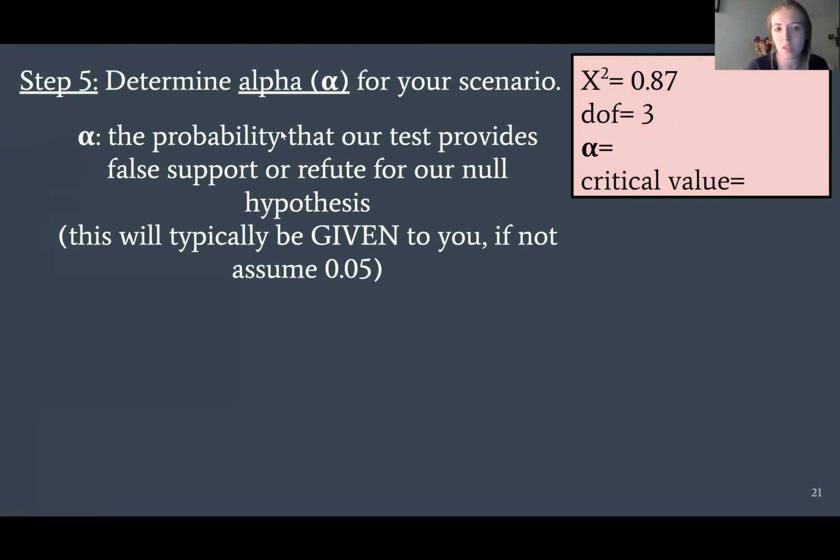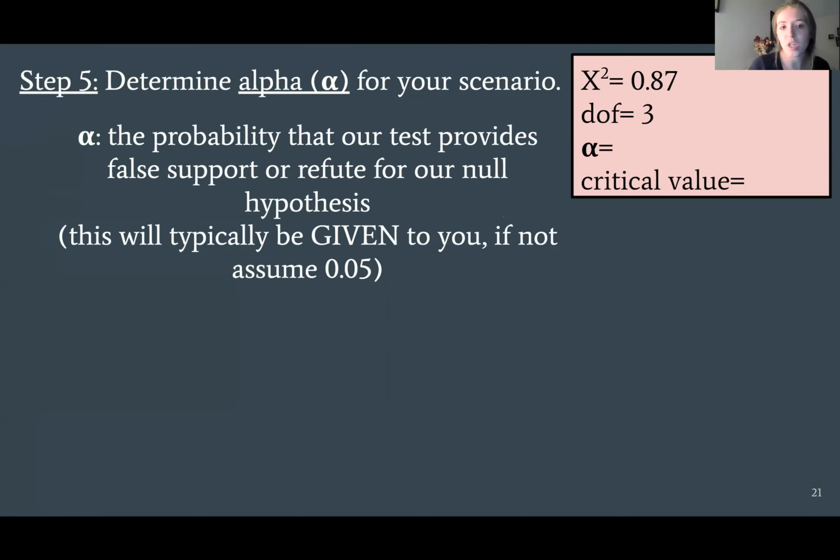Now the alpha value is typically something that will be given to you. It represents the probability that our test provides a false support for our null hypothesis, or a false refute of our null hypothesis. So this is basically saying, how accurate do you want your test to be? How much do you want to be sure that your test gave you the right answer?